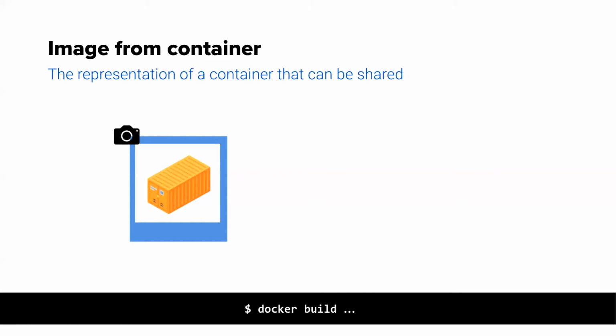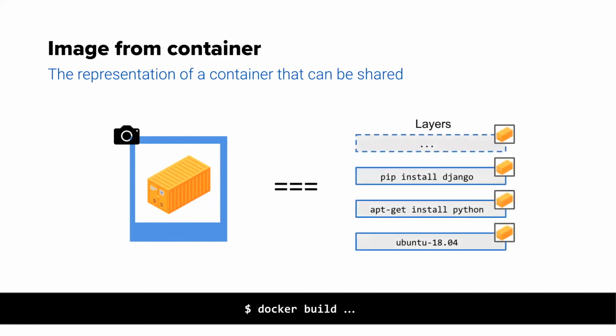A Docker image, or container image, is actually a lot more complex than it sounds. It's not a simple snapshot; it is composed of layers, and these layers are put together to become an image.